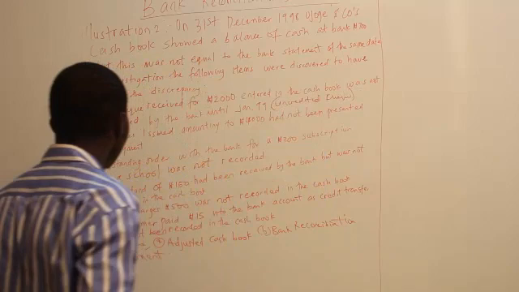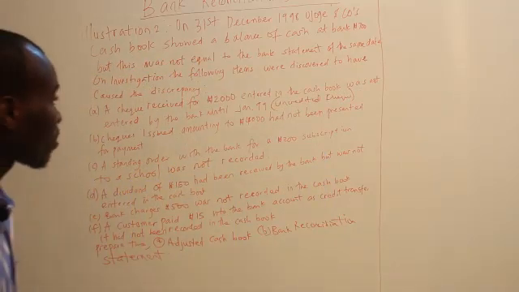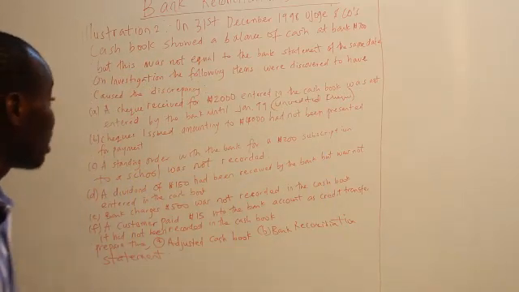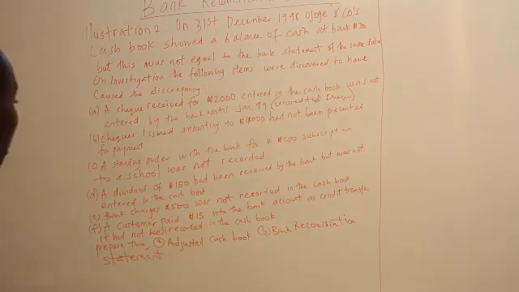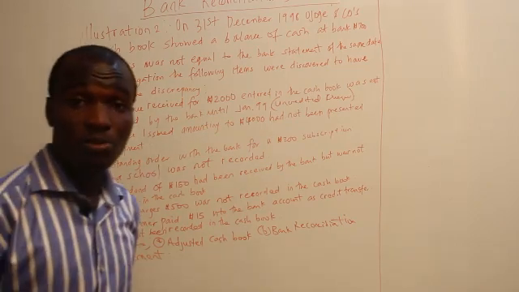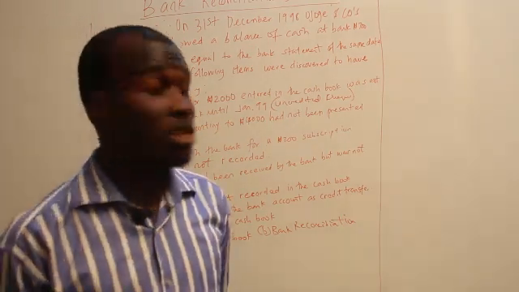The check issued amounting to 4,000 naira had not been presented for payment. That is the unpresented check. Then a standing order, a dividend, and bank charges, which explain themselves. A customer also paid into the bank as a credit transfer. We are asked to prepare the adjusted cash book and bank reconciliation statement.